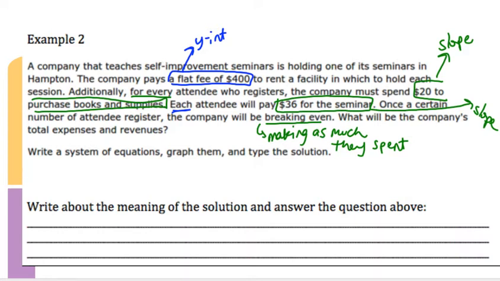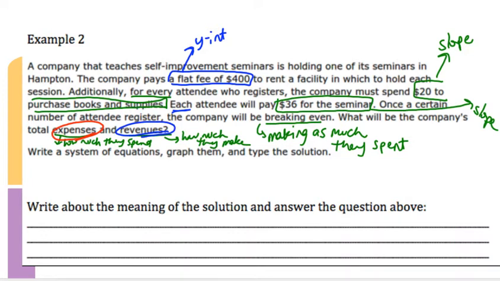So expenses are how much they spend, and revenues are how much they make. So it looks like I'm going to need one equation that's related to how much they spend, then one equation that's related to how much they make.